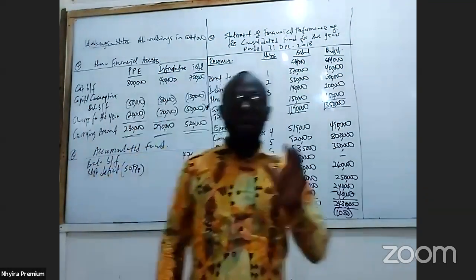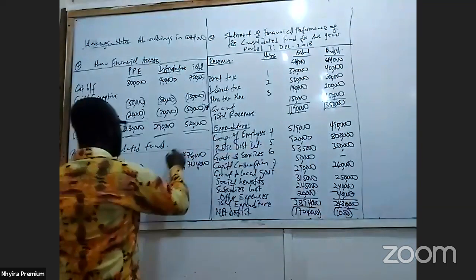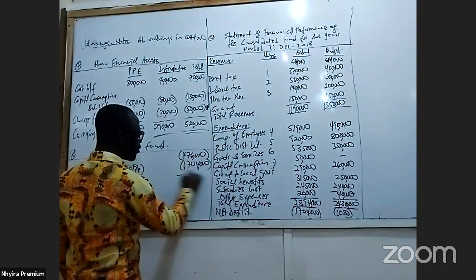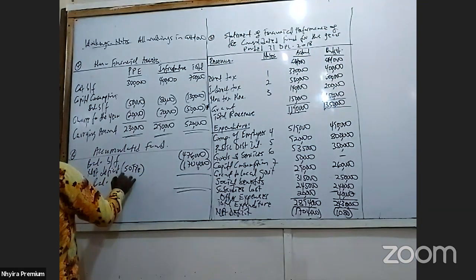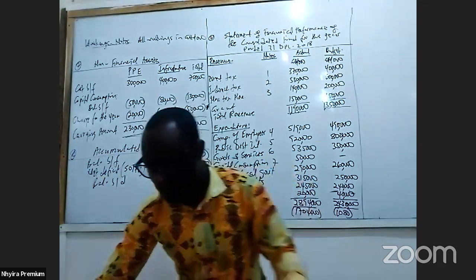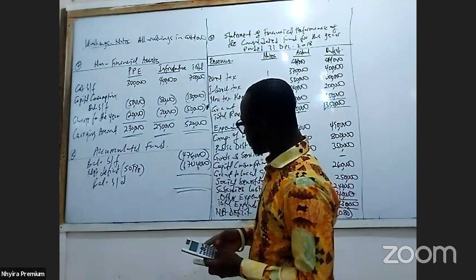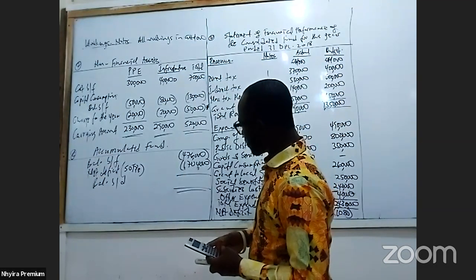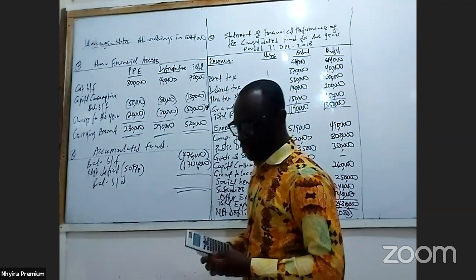Now, remember the accumulated fund was having a debit balance. That's a negative. And we are having another deficit. So that's also double. So the balance brought down will be taken to the statement of financial position. Let's add it up and see what we get there. So 1704 plus 476.